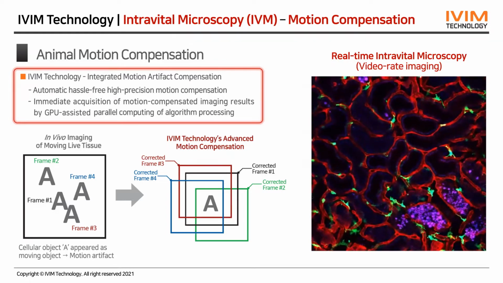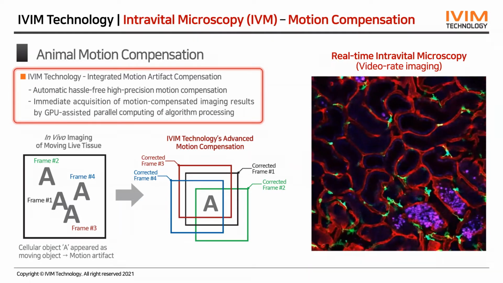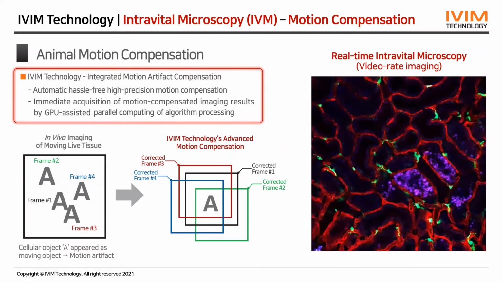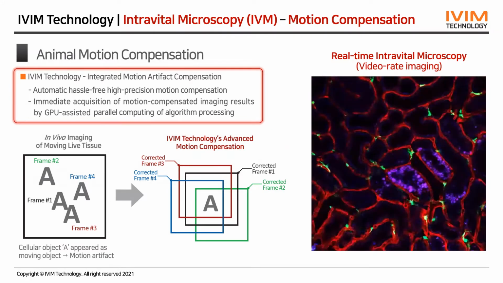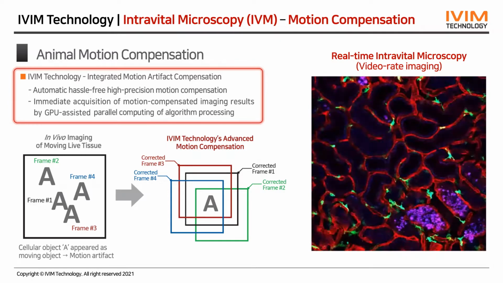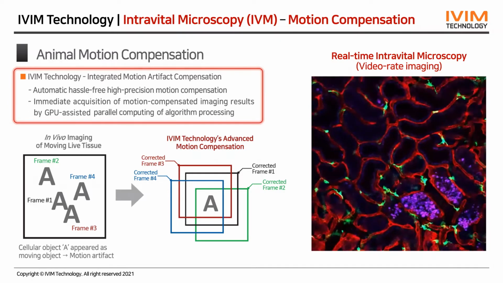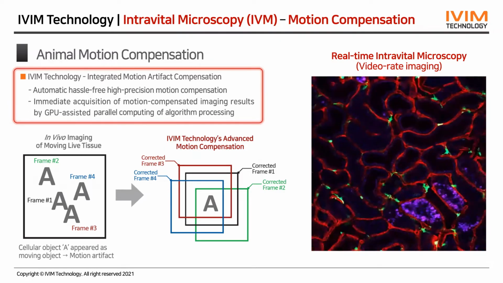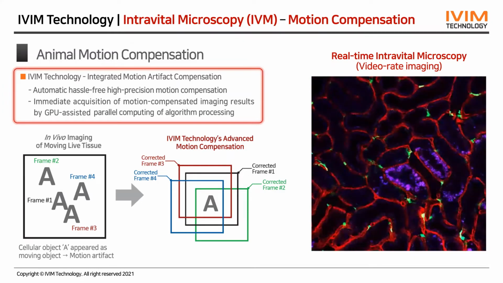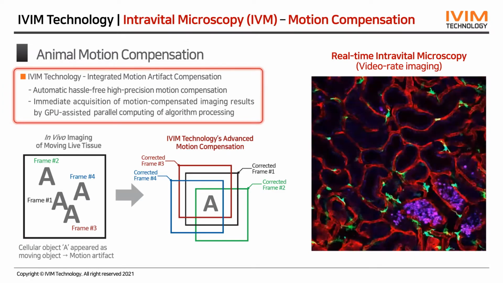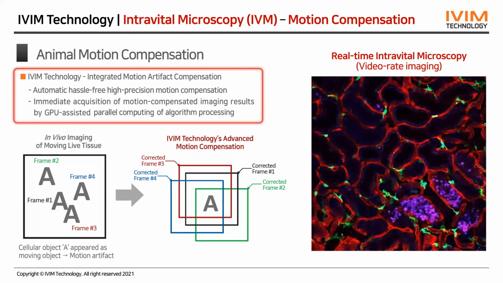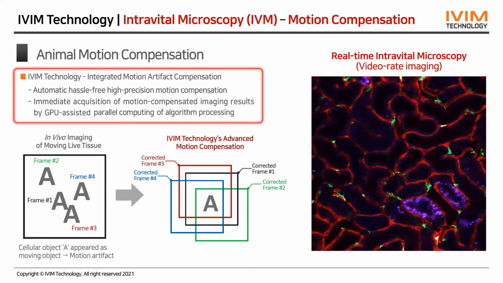Even though the animal is deeply anesthetized, so there is no muscle movement, the heart is still beating, and it still has to breathe air, and those physiological motions create tens of micrometers to hundreds of micrometers of motion during the imaging.